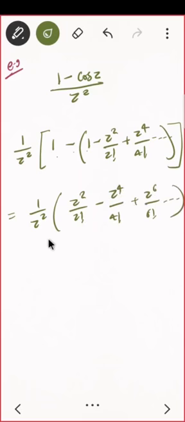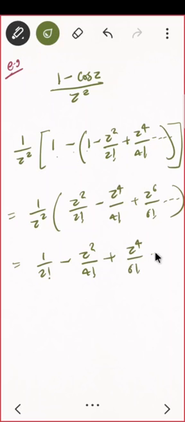If you multiply by 1 upon z squared, it will be 1 by 2 factorial minus z squared by 4 factorial plus z raised to 4 by 6 factorial, and so on. What do you see?